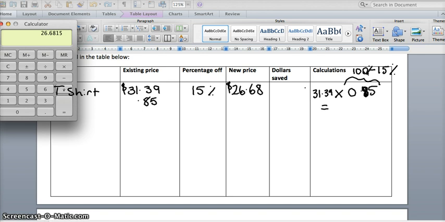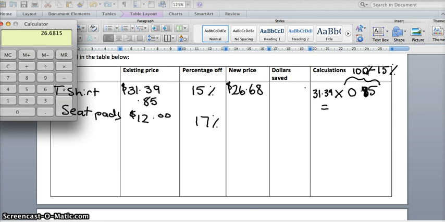Okay, give me another product quickly of an existing price with a percentage off. Jordan. Seat pads. $12 flat, each. With 17% off. Okay.